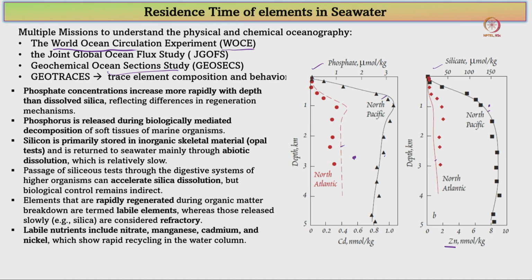So it gets released into the water, okay, while silica is stored in the skeletal material, the test that they call. So the opal test, okay, that is the inorganic matter. So its dissolution is a very slow process.